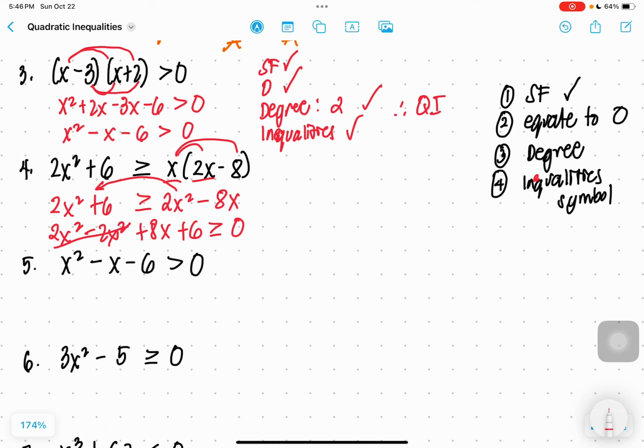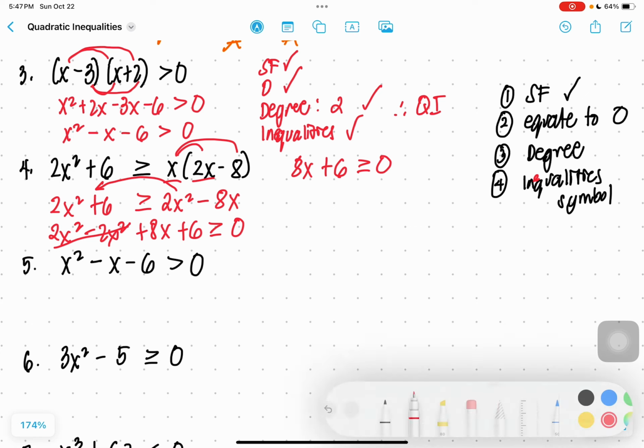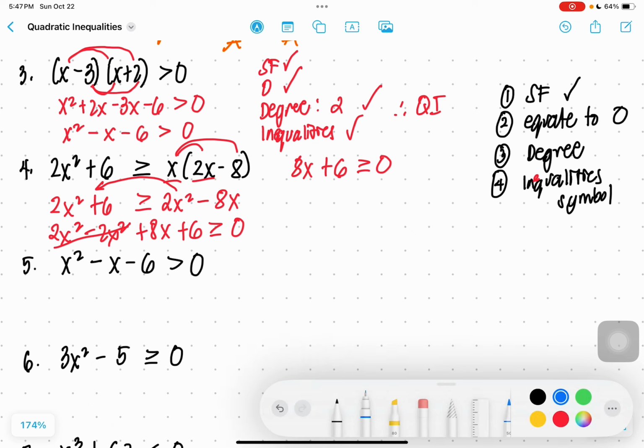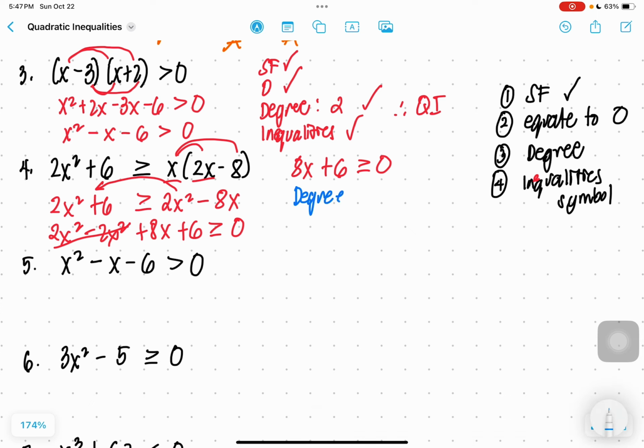Maka-cancel to. Ang matitira na lang ay 8x plus 6 greater than or equal to 0. Kung mapapansin nyo, yung degree niya agad, ano nangyari? Degree niya ay 1 na lang, hindi 2 no? So, therefore, sagot natin agad dyan, not a quadratic inequality.